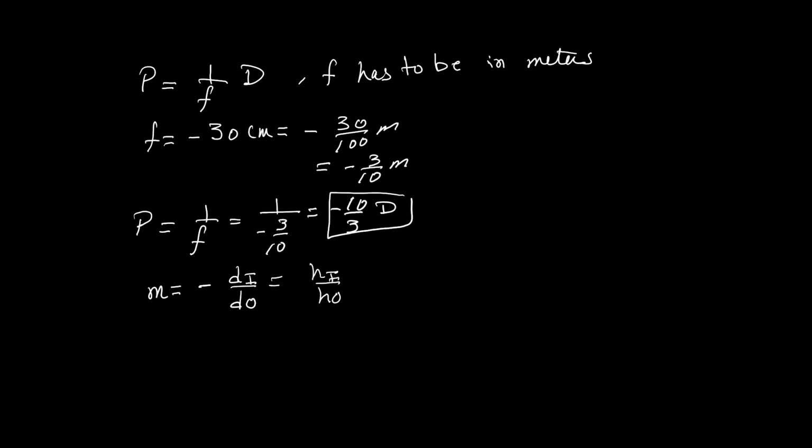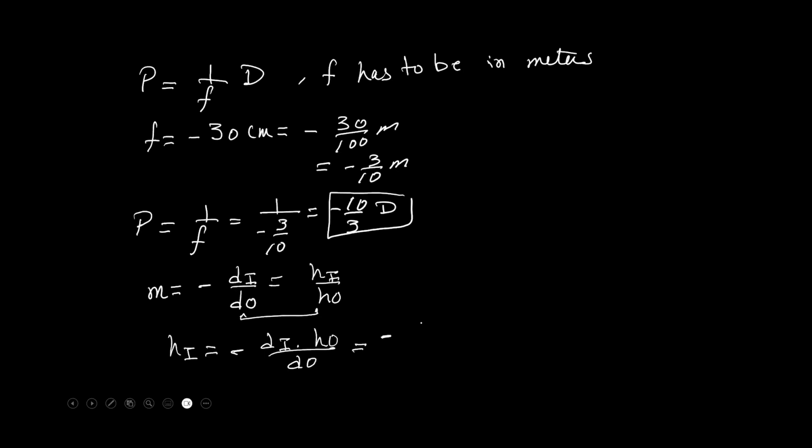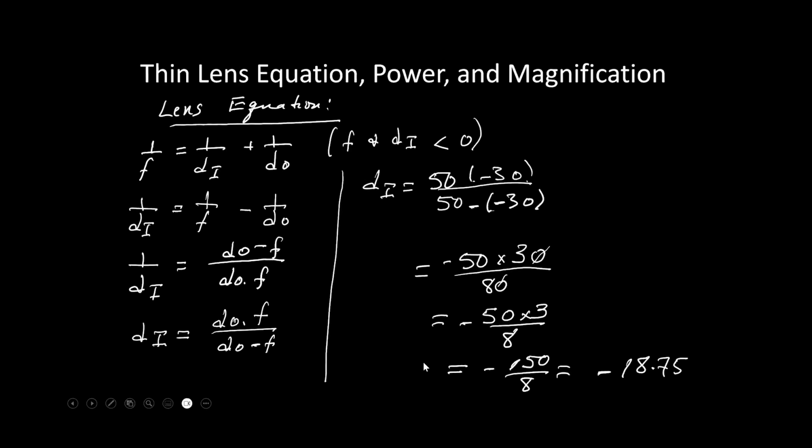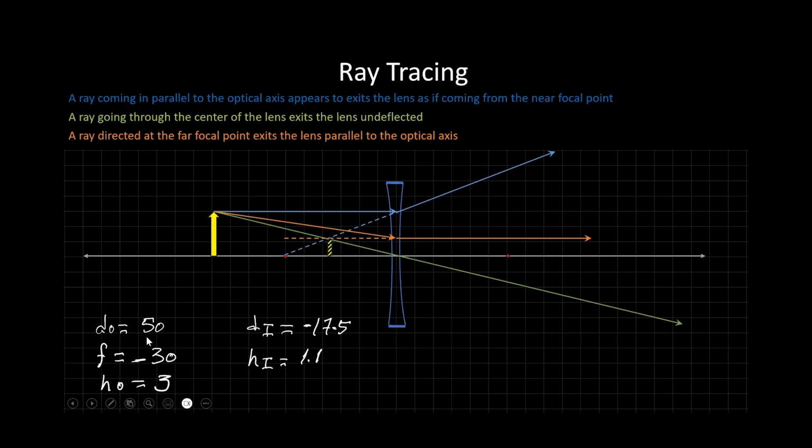We cross multiply: hi equals negative di times ho over do. di was negative 150 over 8, I'm going to leave it exact, times ho, which was 3 units, over do, which was 50 units.